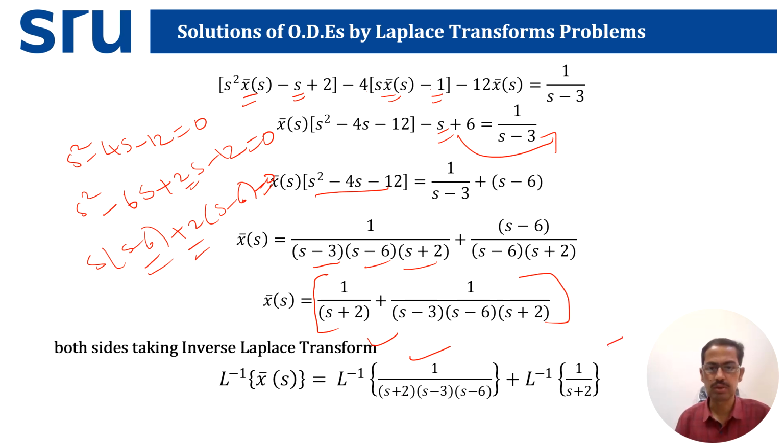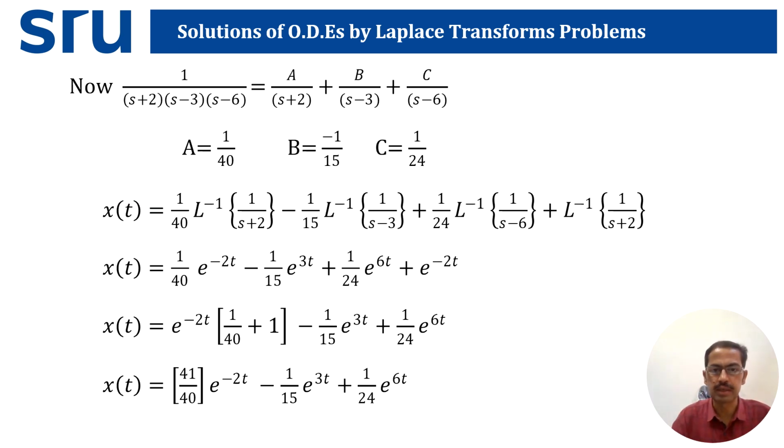This is directly e to the power of minus 2t, as the inverse Laplace transform of 1 by s plus 2 is e to the power of minus 2t. But this one we can't get directly. How do you get the inverse Laplace transform of this type of function? Split into partial fractions: a by s plus 2, b by s minus 3, c by s minus 6.